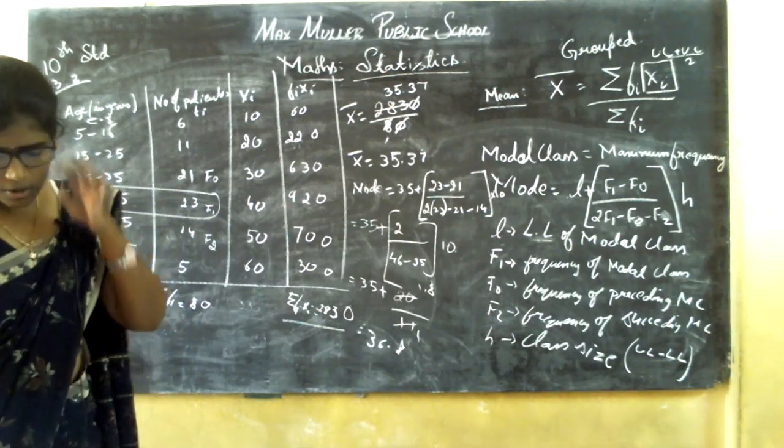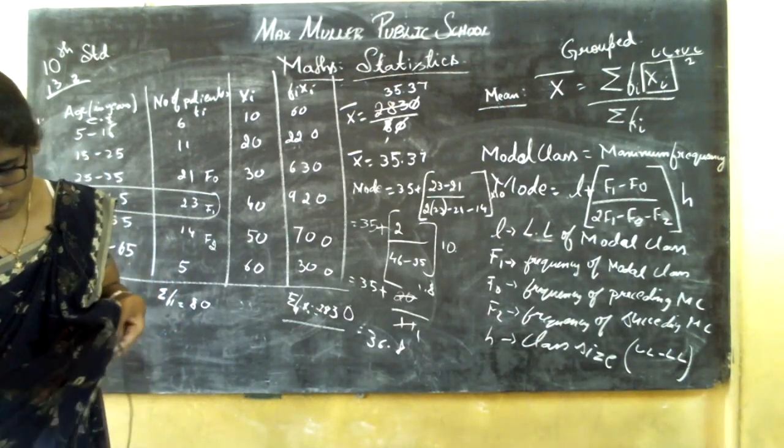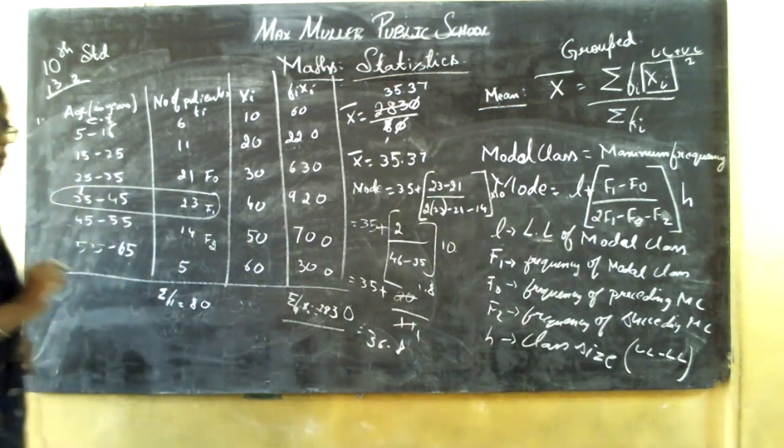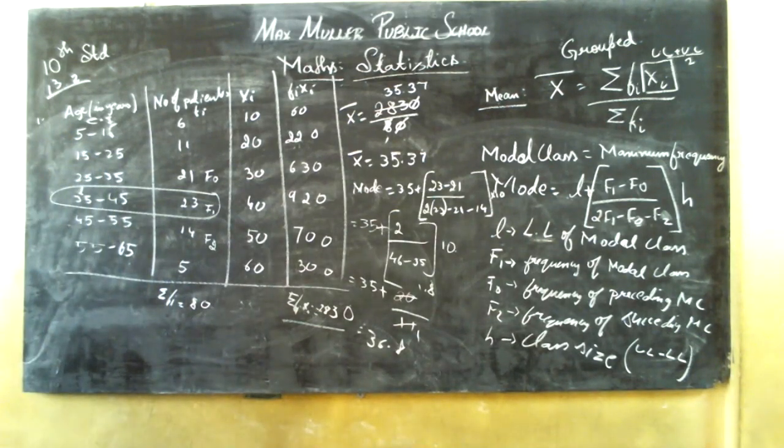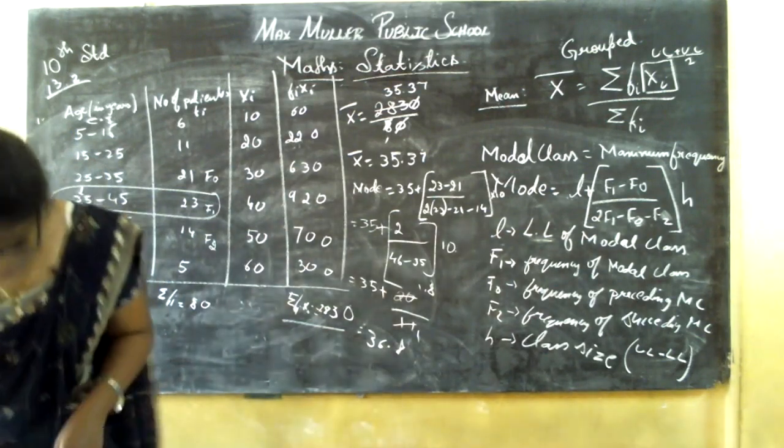In the mean, you are going to get the average, and in the mode, you are going to get the value. What is the perfect value? The perfect frequency you are going to get.